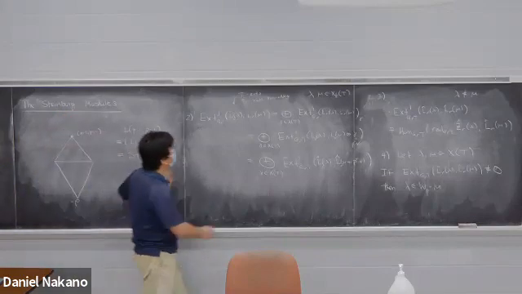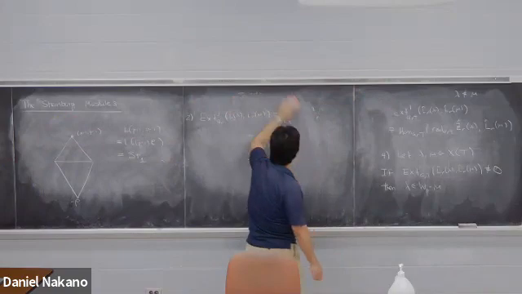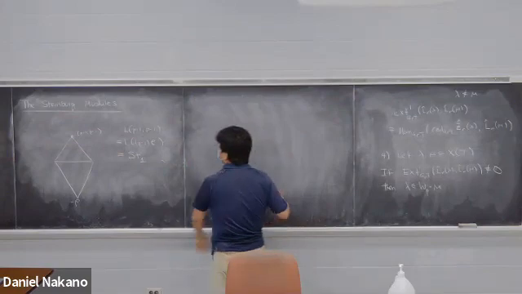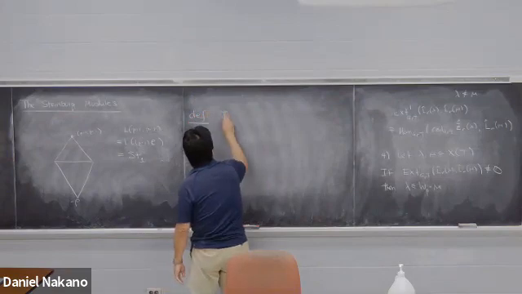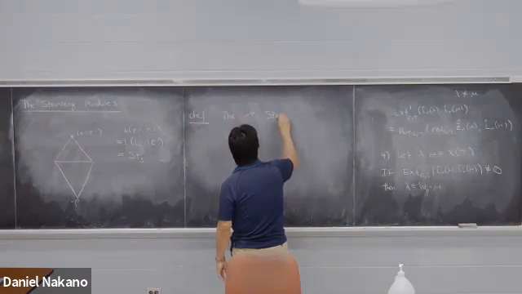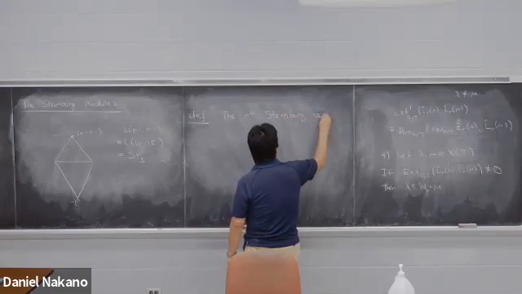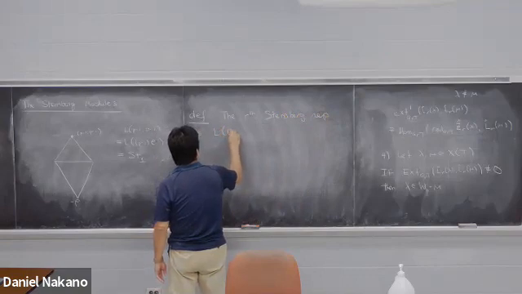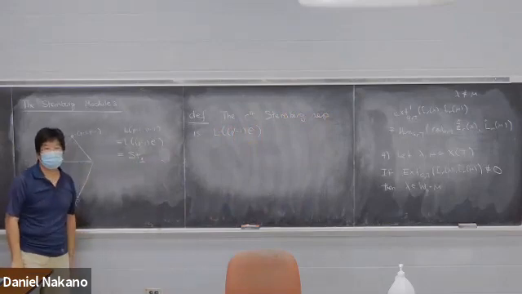So the definition of the Steinberg representation: the r-th Steinberg representation is L of (p^r minus 1) rho.